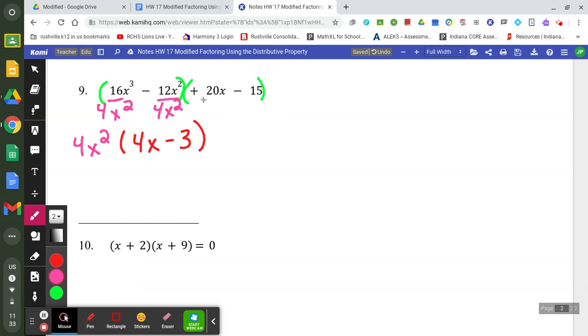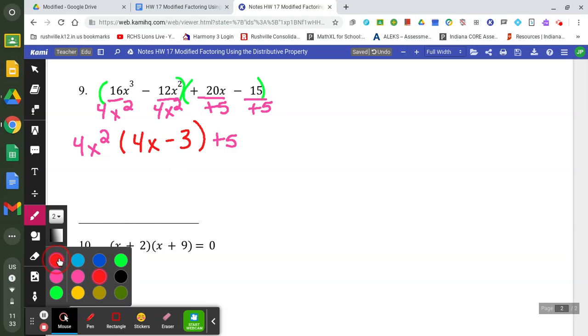Then the greatest common factor over here, a 4 won't go into both of them. A 5 will go into both of these. So plus 5. So plus 5 goes here. 20x divided by 5 gives me 4x.